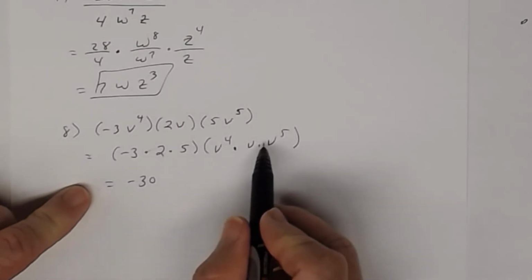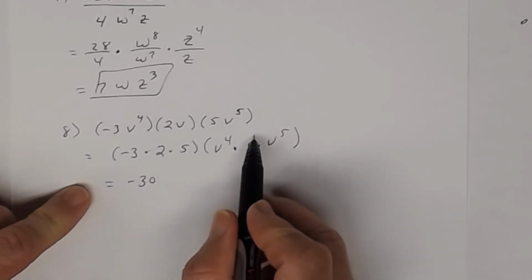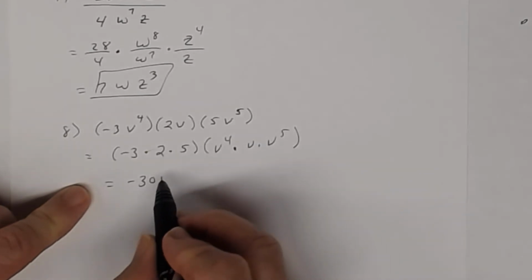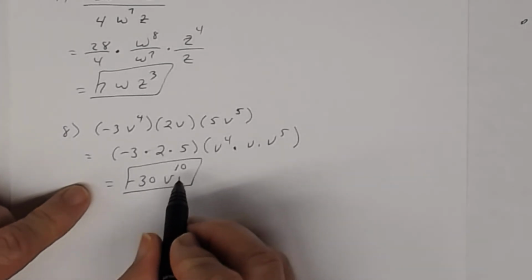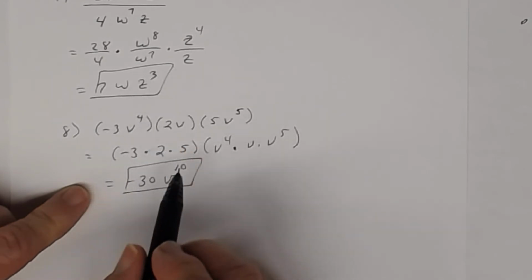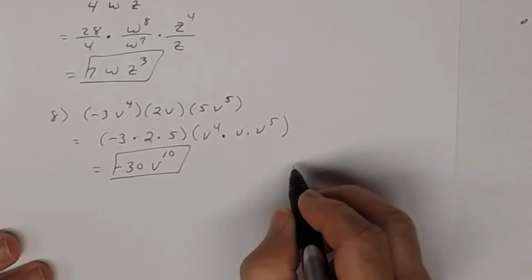Now here, I'm multiplying like bases, so I have to add those exponents. 4 plus that implied 1 is 5, and then 5 plus 5 is 10. So I get v to the 10th power. So there's your answer. Now also make sure that your exponent looks like an exponent. It's very important that all these exponents truly look like exponents. All right. Don't make it look like this.